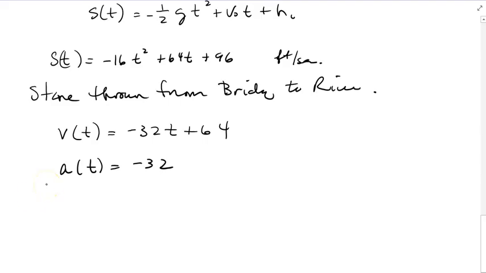But first, here's my question. What is the highest point above the river reached by the stone?